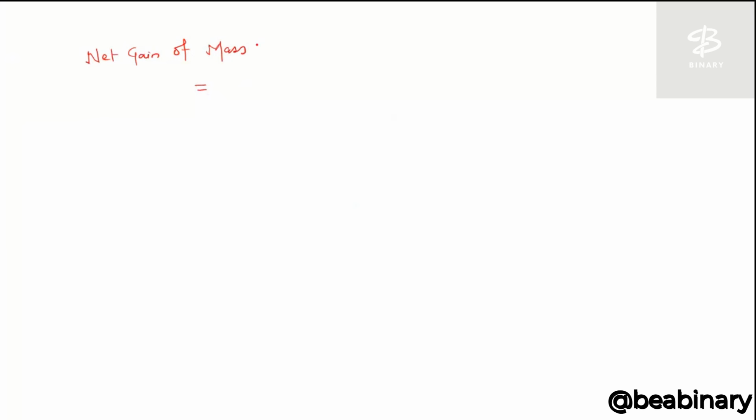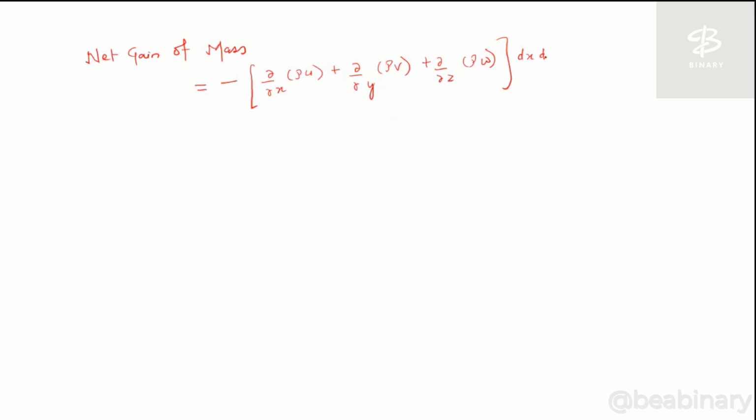So we can write: minus del by del x rho u plus del by del y rho v plus del by del z rho w in brackets, dx dy dz.